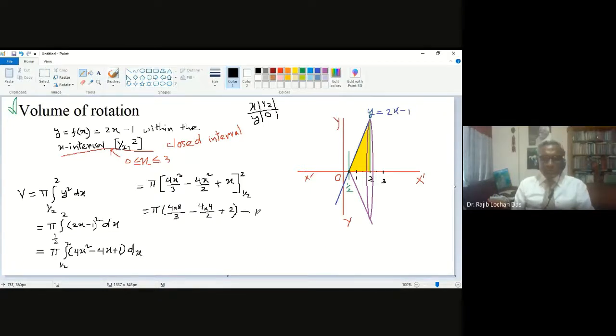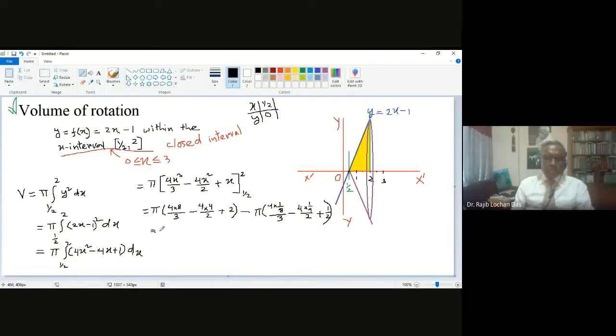Now minus, then pi, and I am putting half. So it will be 4 into 1 by 8 divided by 3, minus 4 into 1 by 4 divided by 2, and then plus 1 by 2. So I am putting half for everything.